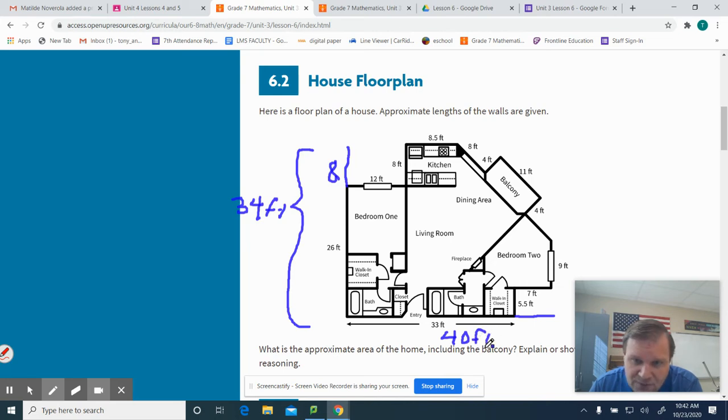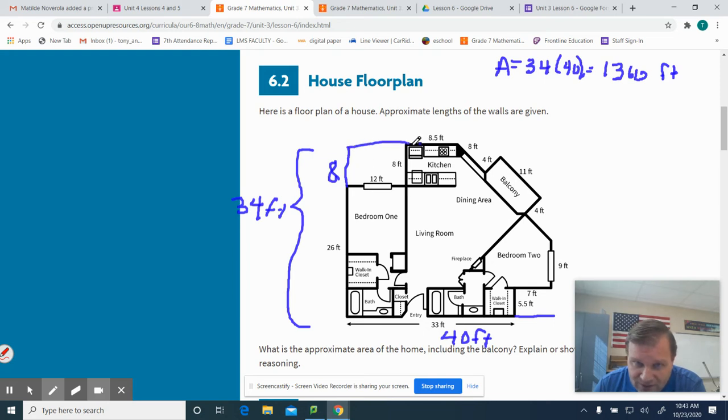Now I have two dimensions of a rectangle. I know this isn't a rectangle. We're going to come back and look at this in a minute. But to find the area, we want to multiply the length times the width. So that's 34 times 40. And that's going to give us approximately 1,360 square feet.